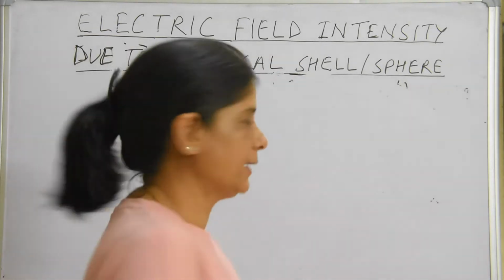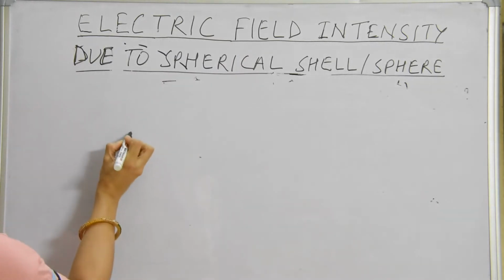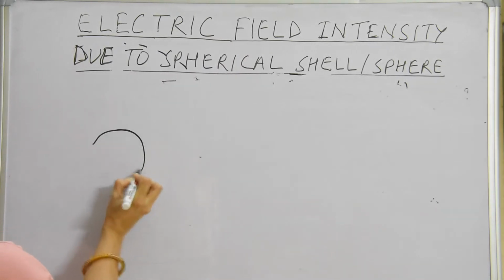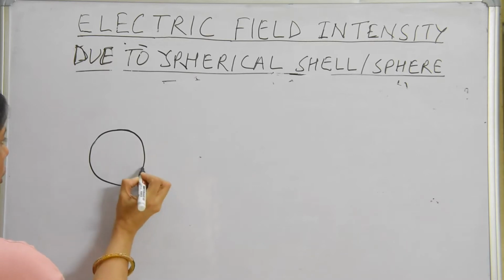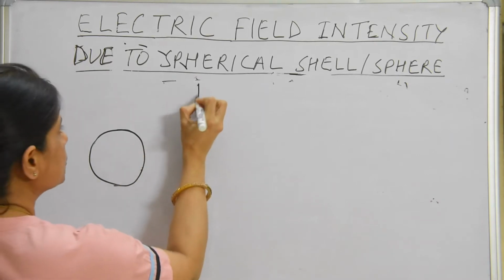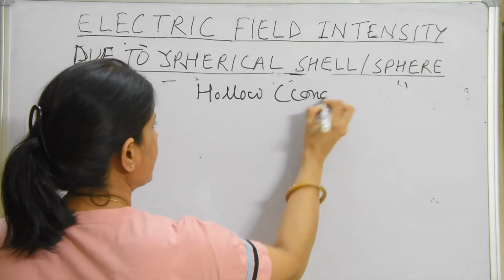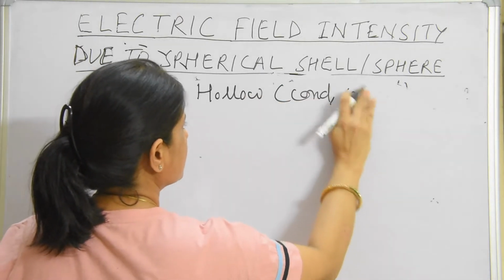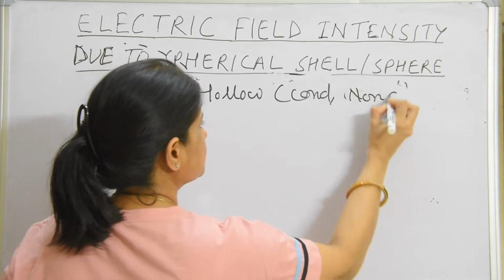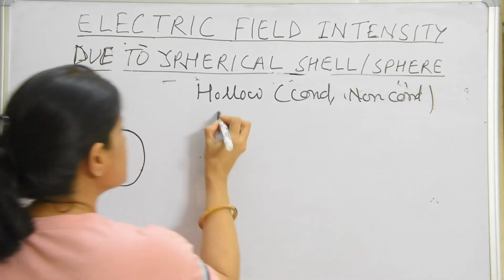Now we have to calculate the electric field intensity due to this hollow sphere, the case of hollow, conducting as well as non-conducting, and solid.